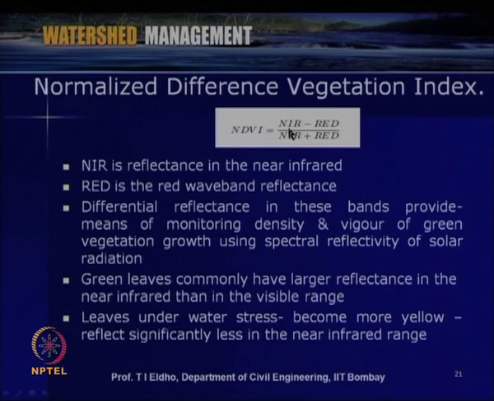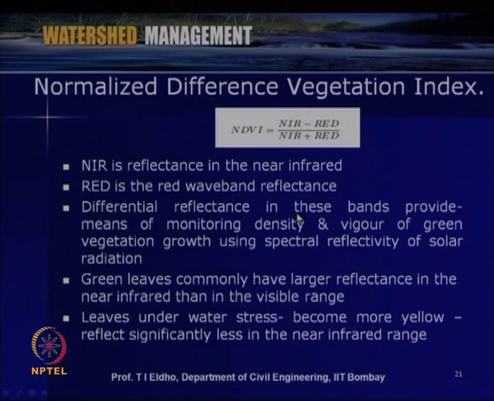So, finally, the NDVI we can obtain as NIR minus red divided by NIR plus red, where NIR is reflectance in the near infrared region, and red is the red waveband reflectance for that particular image.